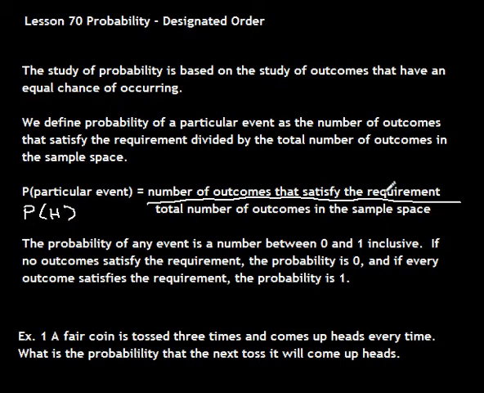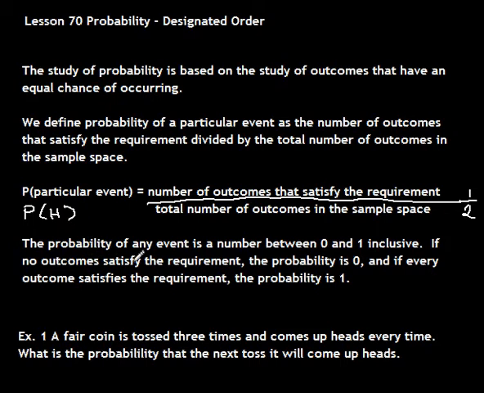So how many, if you have flipping a head, you only have two choices, so the number of outcomes that satisfy that requirement would be 1, and the total number of outcomes in the sample space. Well, your coin only has a head and a tail, so there's two possible outcomes. So the probability of flipping a head is 1 out of 2. So your probability is 1/2, or you could say 50%.